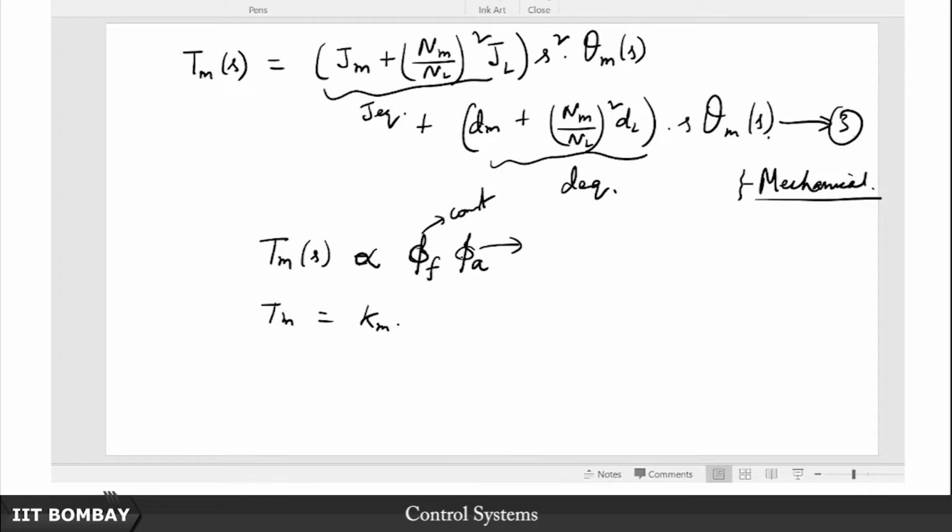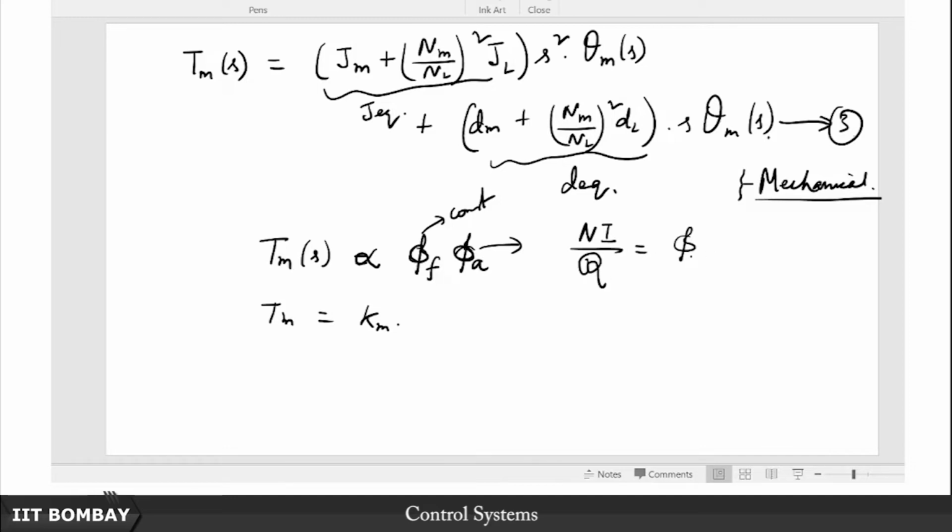notice that this flux in the armature, what is this proportional to? I have not mentioned this, so let us take a brief excursion into this. Remember, you had total ampere turns Ni divided by something called a reluctance.